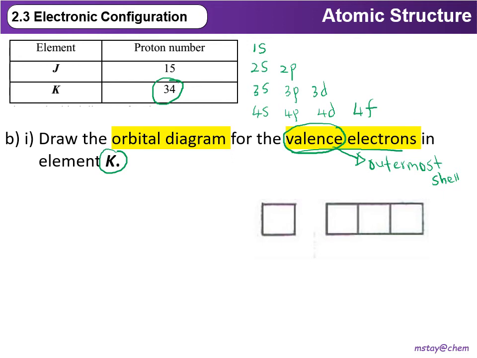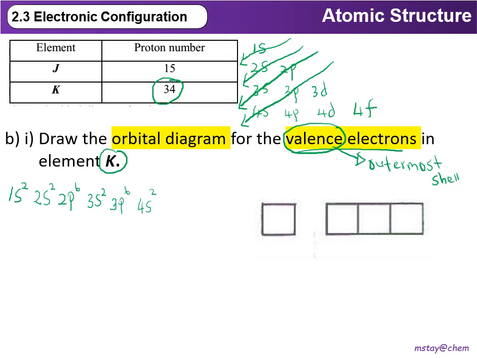When we fill up the electrons, first fill up 1s. 1s can fill a maximum of 2 electrons, followed by 2s, which also can fill 2 electrons. 2p maximum 6 electrons, followed by 3s, and then 3p, 4s. 3p another 6 electrons, 4s another 2 electrons.